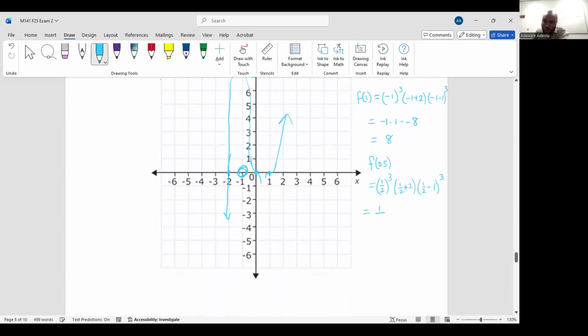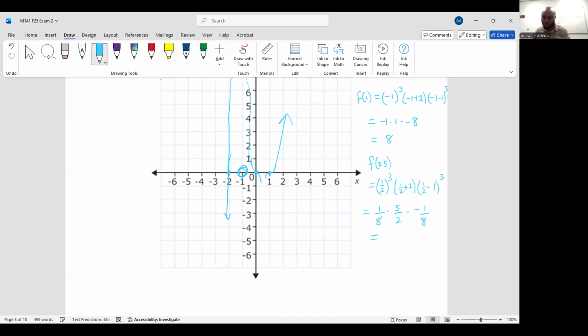So that is 1/8 times 5/2, 2 plus half, times -1/8, since half minus 1 is -half, raised to power 3.